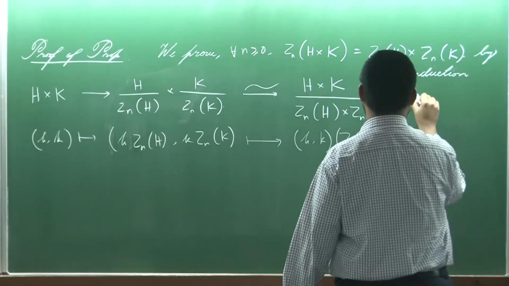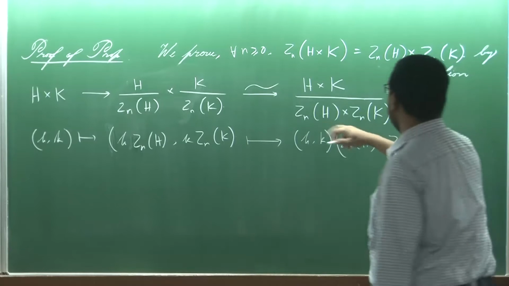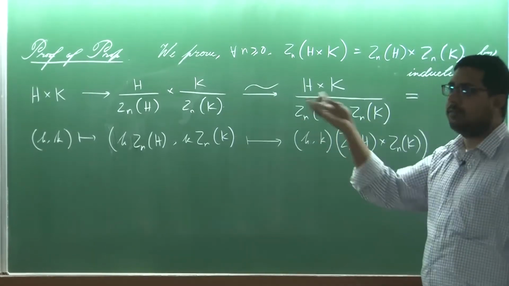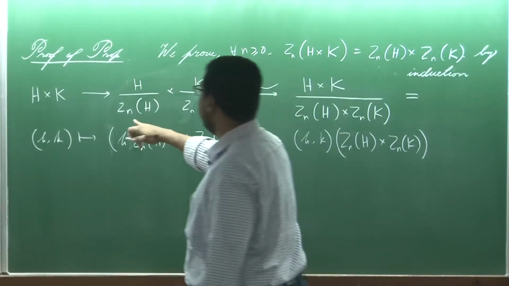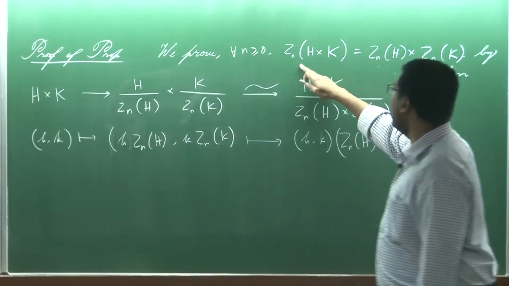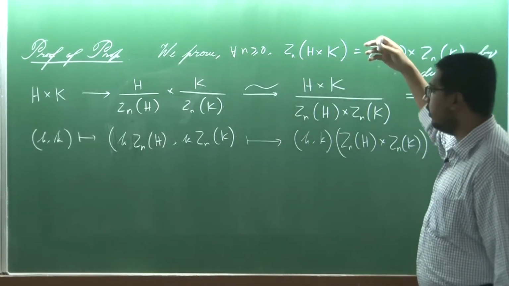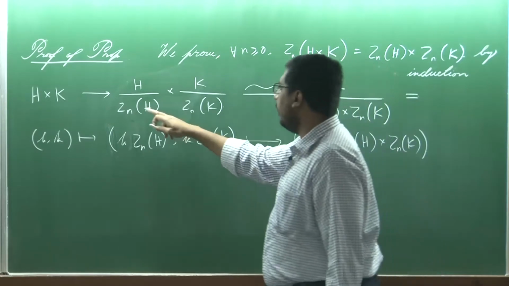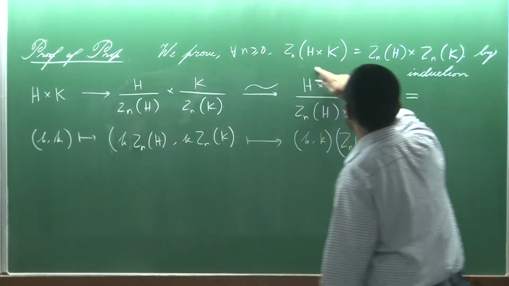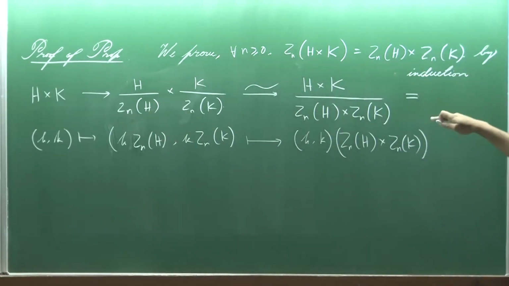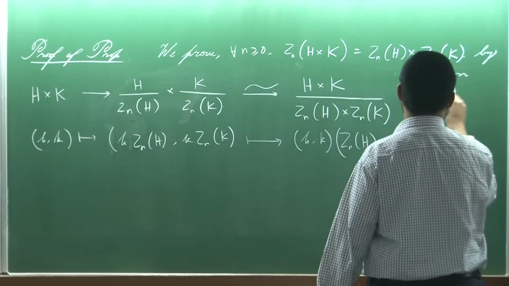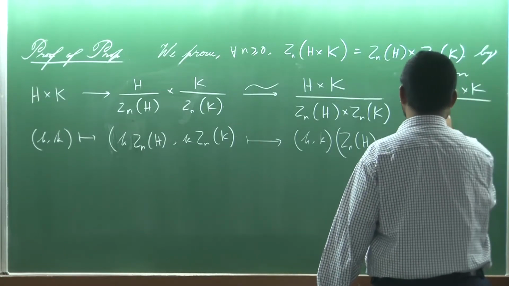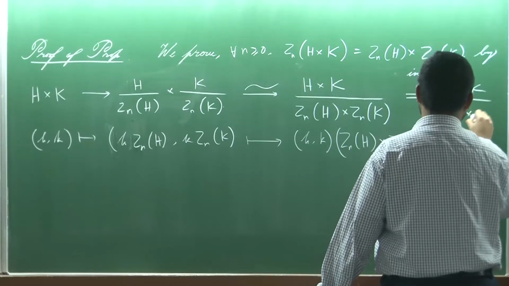And let's assume for n, so we want to run induction. So therefore we would like to assume it for n. For n equal to 0 or 1, this is obvious. So let's assume this for some n. Then what we have is precisely this.